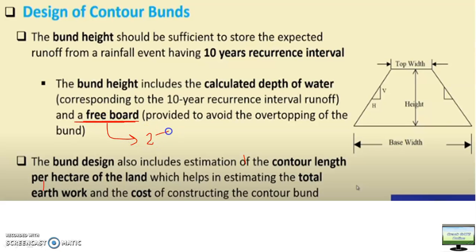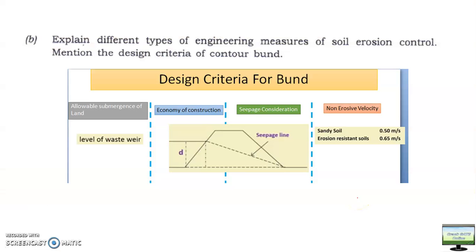Okay, so that is the freeboard, because whatever height you calculate, that is the height for impounding the water. Means this much height of water you are already going to store, so your total height should be higher than this one. Okay, so it is basic understanding. And how to calculate the earthwork, how to calculate the area lost, that I have dealt in the previous video. You can see there.